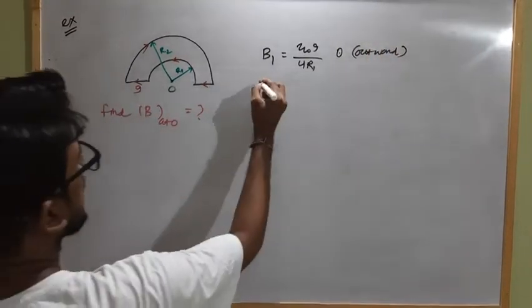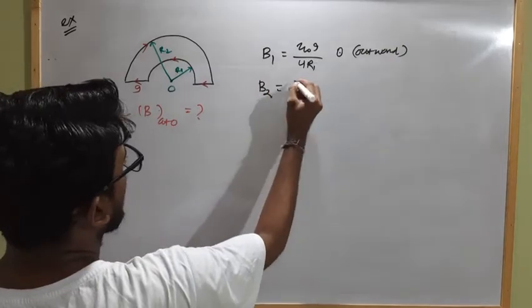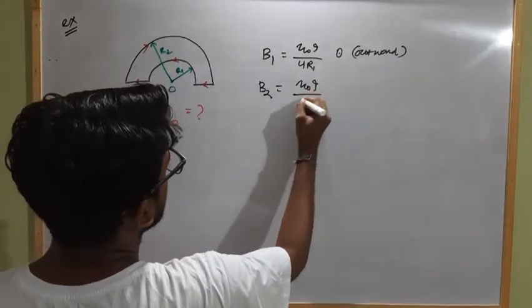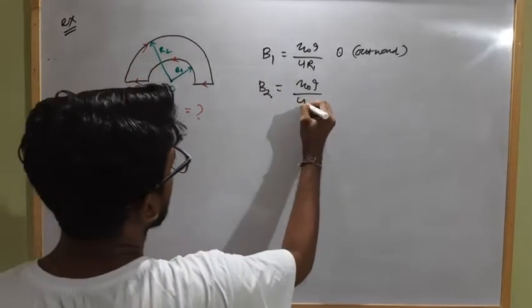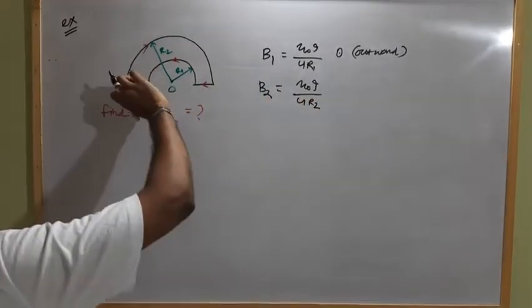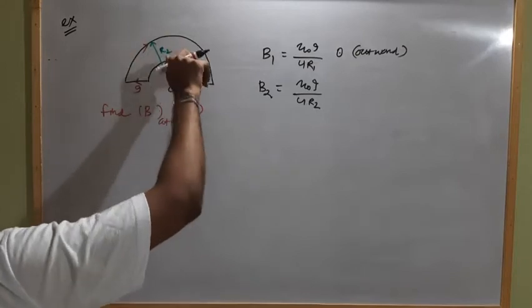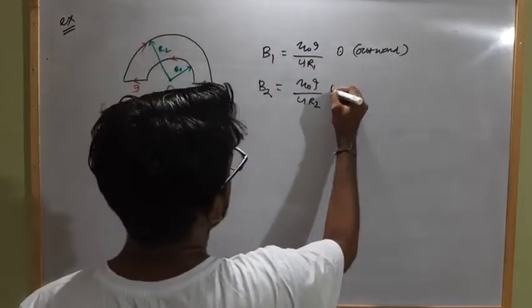Similarly, B2 for the semicircular arc of radius R2 will be mu naught I by 4 R2, and the current flowing through this is clockwise, so the direction will be inward.